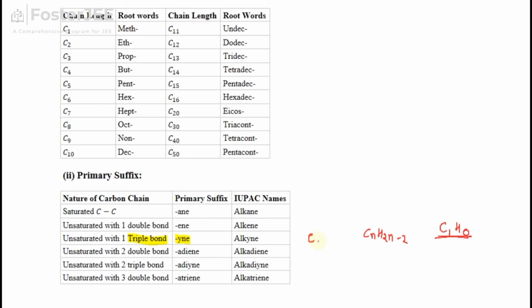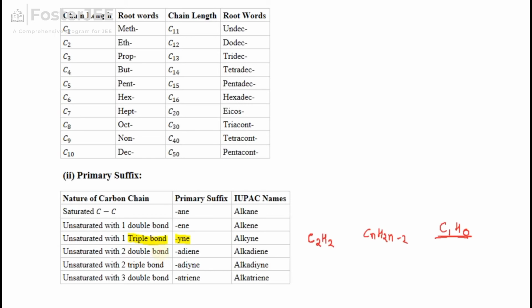Here C2H2, that is ethyne. Similarly, propyne, butyne.